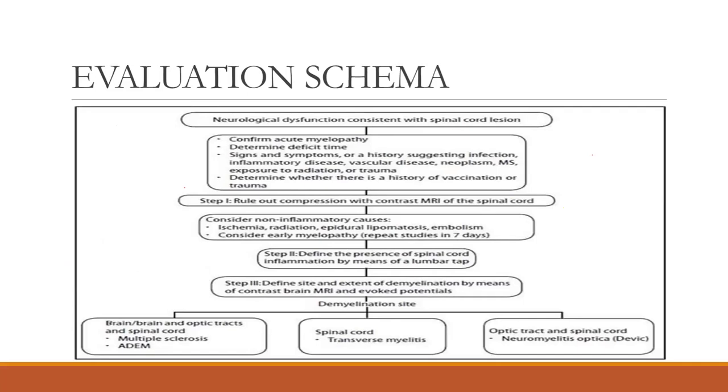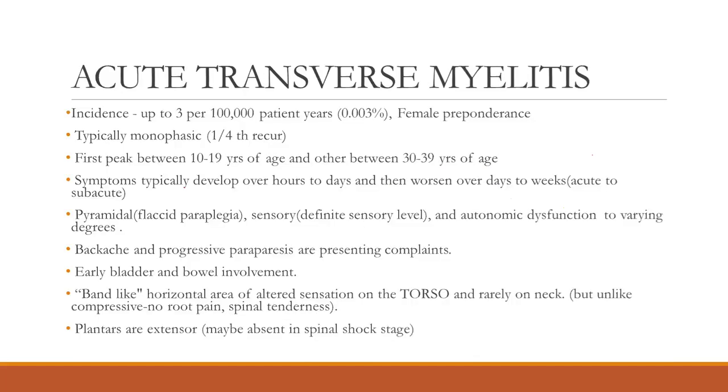Once compression is ruled out, and if there is an inflammatory or non-inflammatory lesion as seen on gadolinium enhancement, we consider non-inflammatory causes, do a spinal cord tap, confirm the presence of inflammation if it is there, and then check for sites of demyelination in other areas, like a brain MRI. Now coming to the proper discussion of non-compressive myelopathies.